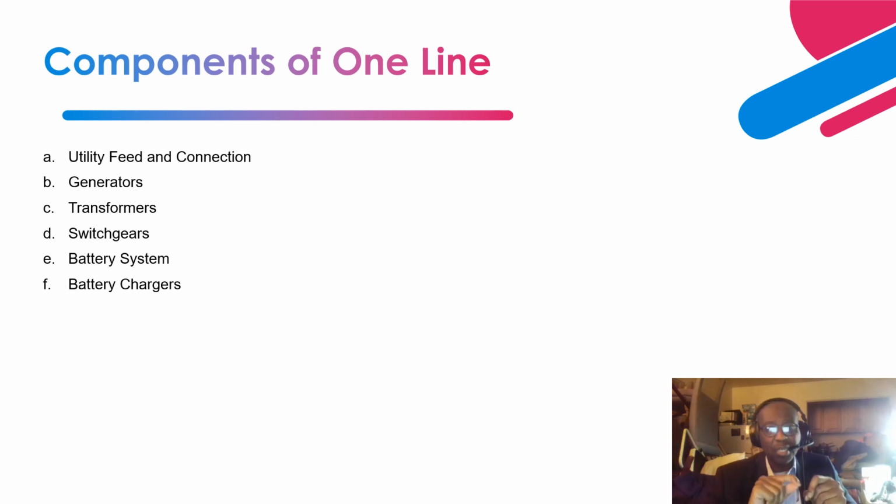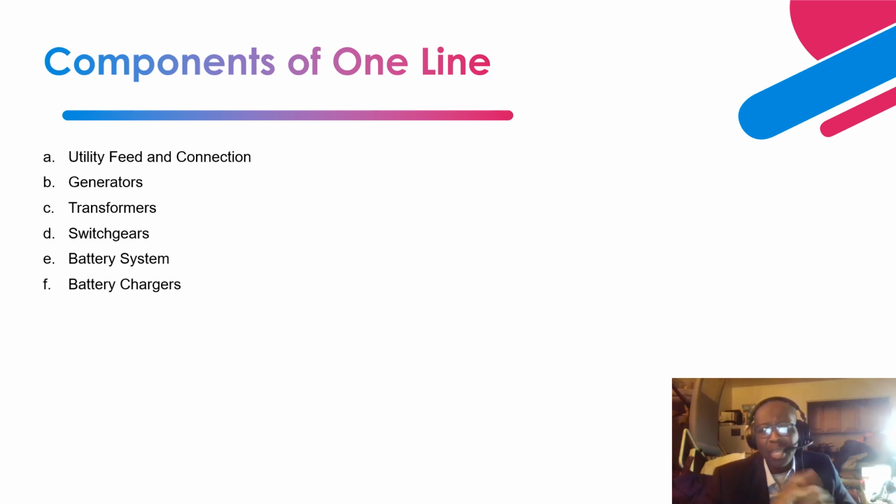If you understand how to read one-line diagrams, and beyond that, how to draw a one-line diagram from scratch, without utilizing modeling software, that itself is a plus for you, because that is the basis of you as a power system engineer: to read one-line diagrams, draw one-line diagrams, and update one-line diagrams. That is your plus, right?